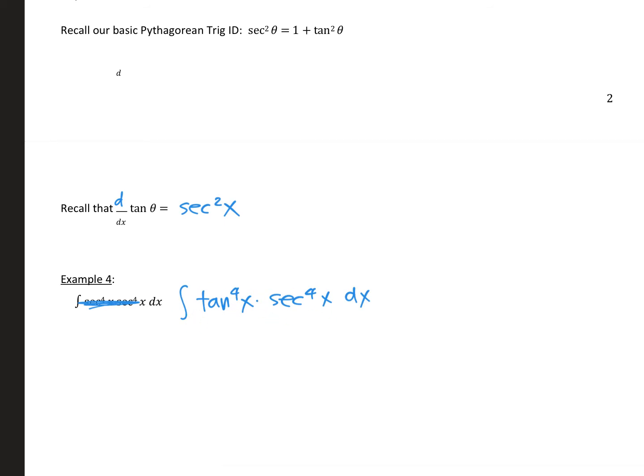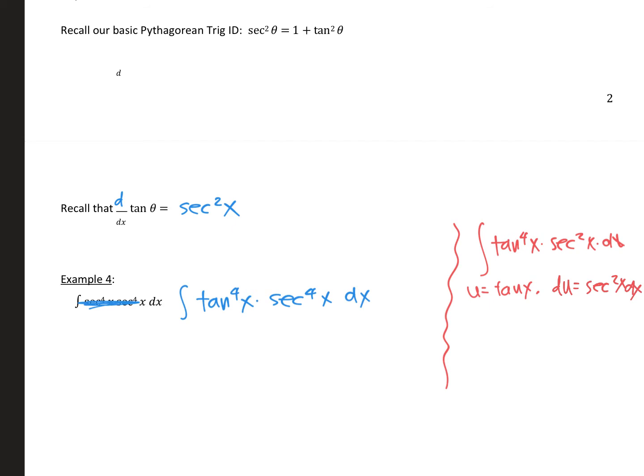Again, if I had secant squared, that'd be easy because then I can let u be tangent. Let me just write that down, it's a little sidetrack here. If I had tangent to the 4th times secant squared, then I can let u be tangent, and du will be secant squared x dx.